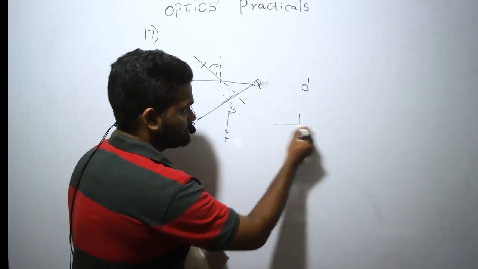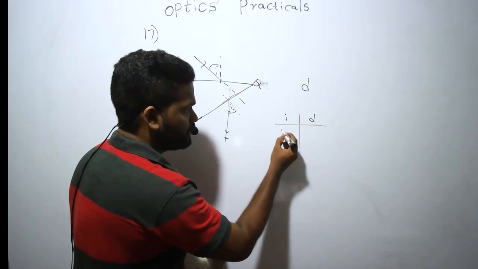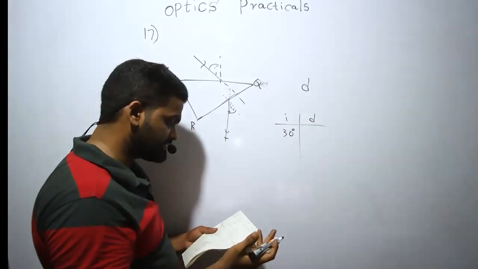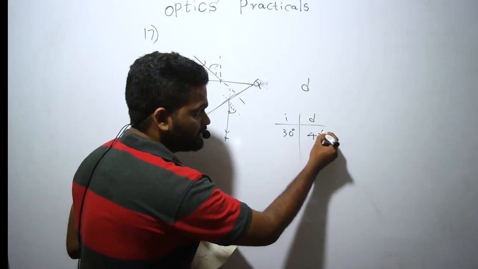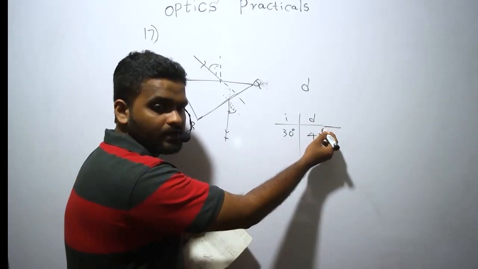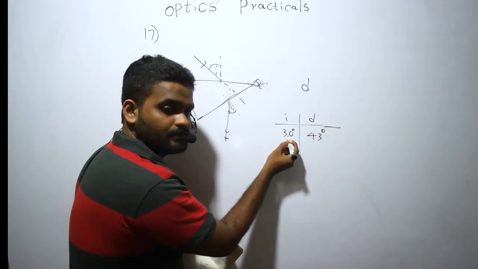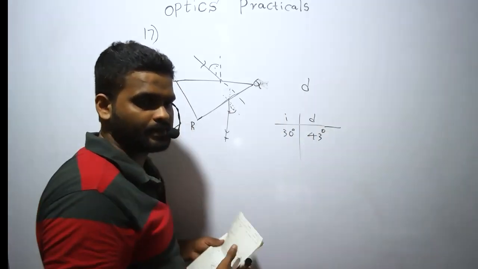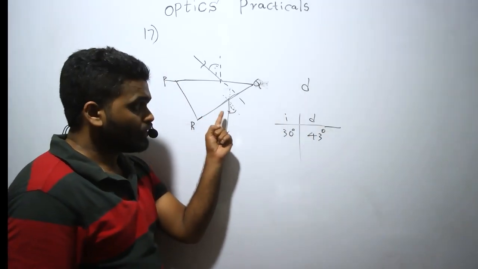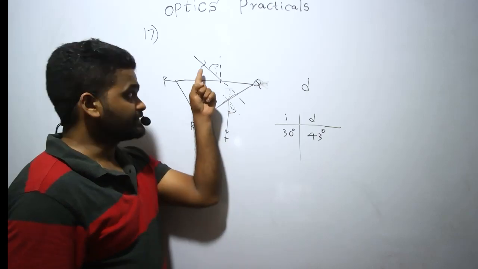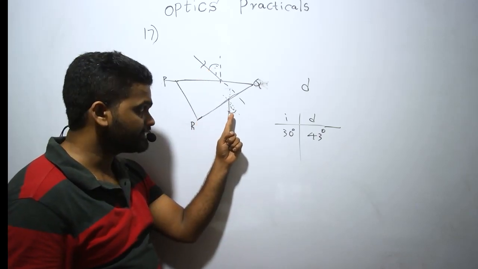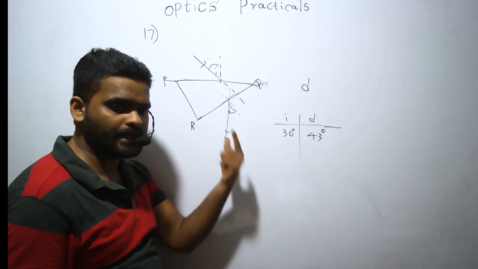Let's say for an incident angle of 30 degrees, you got 43 as the angle of deviation. For an incident angle of 30 here, you got angle of deviation 43. In that case, let's say this I2 is like 58.